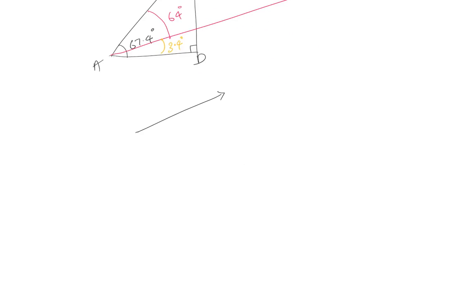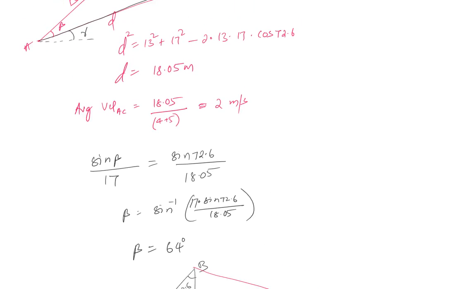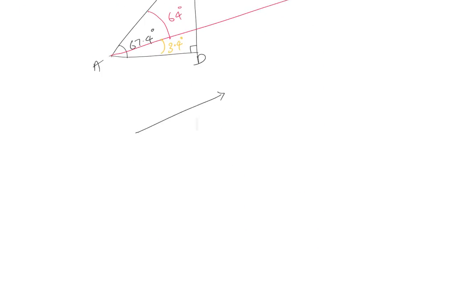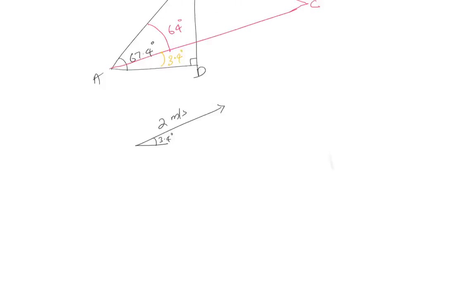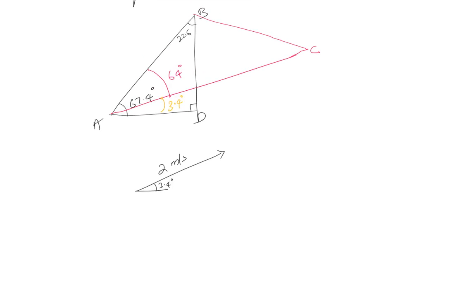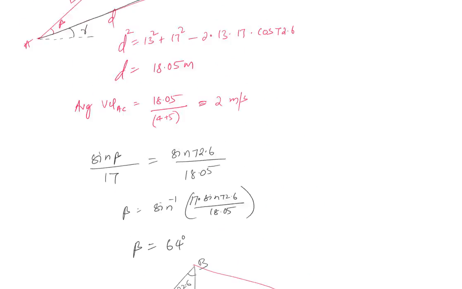Okay, so you can say, what's the magnitude of AC? Velocity AC is 2 meters per second, 2 meters per second at an angle of 3.4 degrees from the horizontal. Okay, so this is the problem. It looks tedious, but it's actually, well, it is tedious, but the concept is simple. It's just a lot of simple calculations.